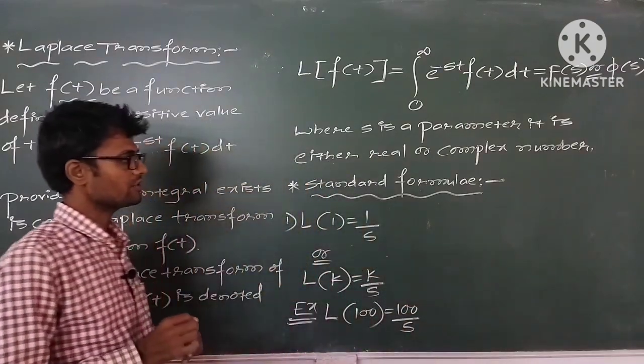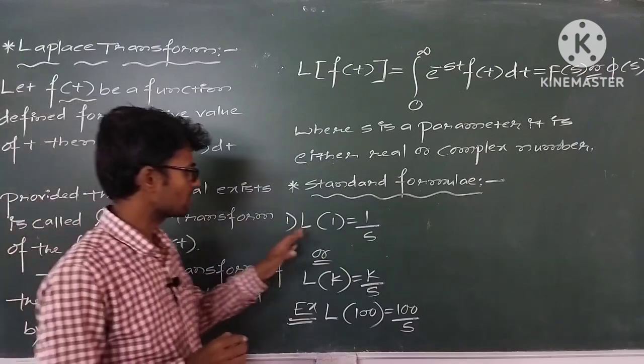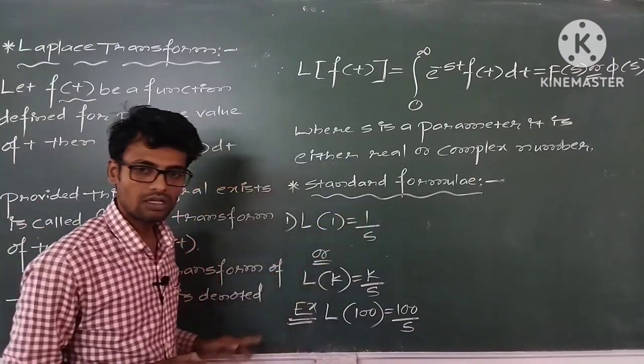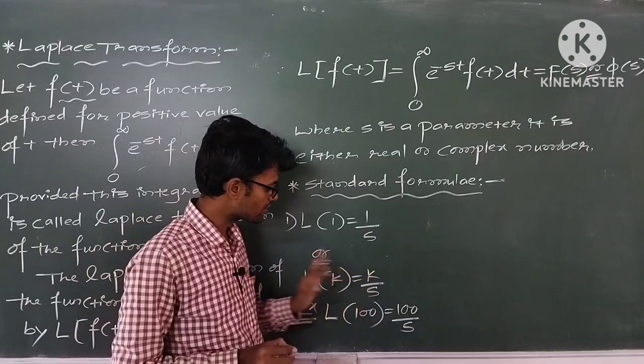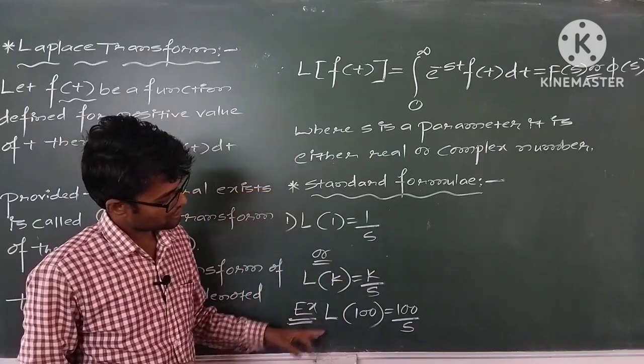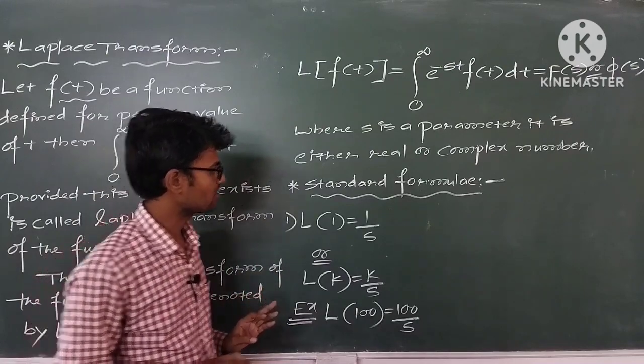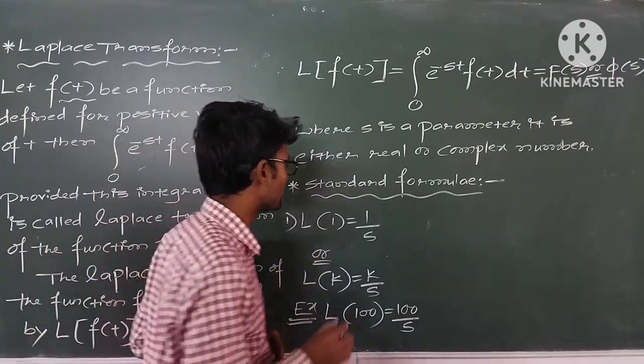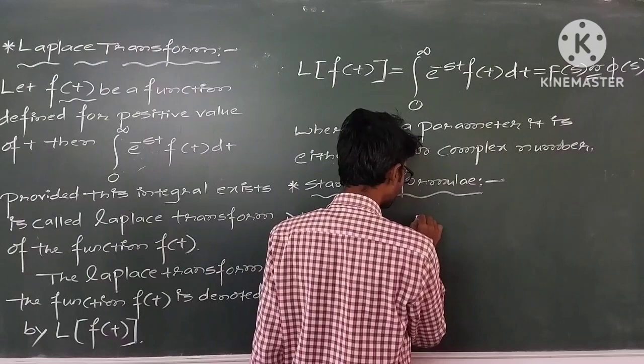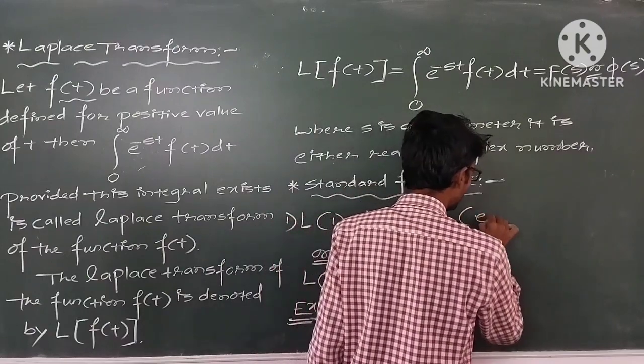So this is the first formula you should remember: the Laplace transform of 1 is 1 by s, or the Laplace transform of k is k by s, or the Laplace transform of 100 is 100 by s. That is the first formula related to the Laplace transform. Second one: the Laplace transform of e raised to at.